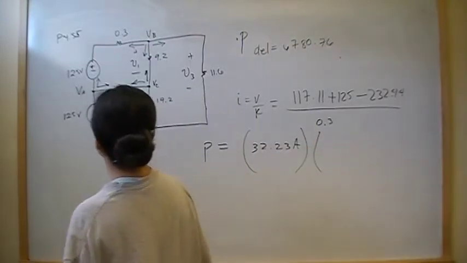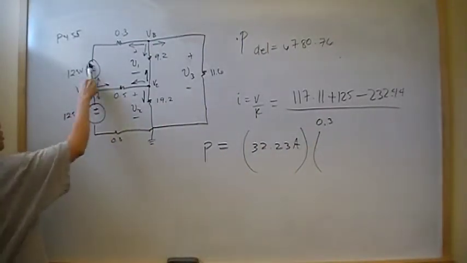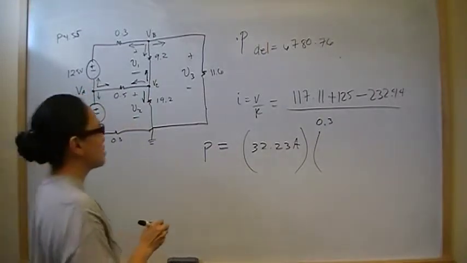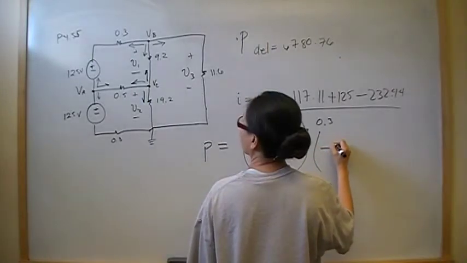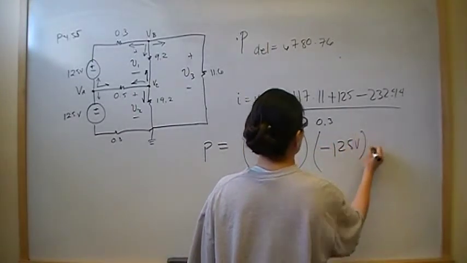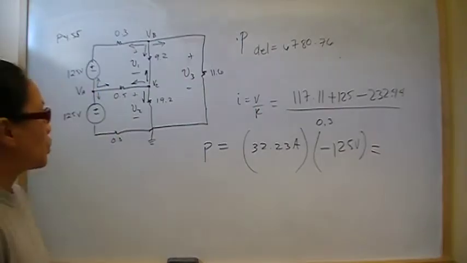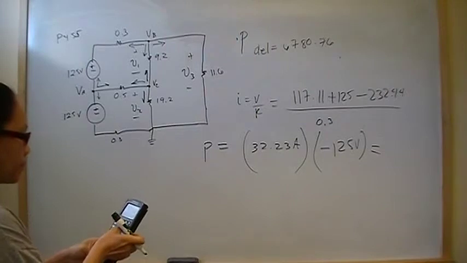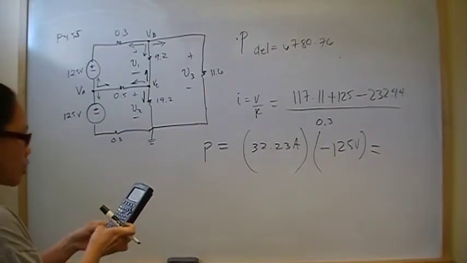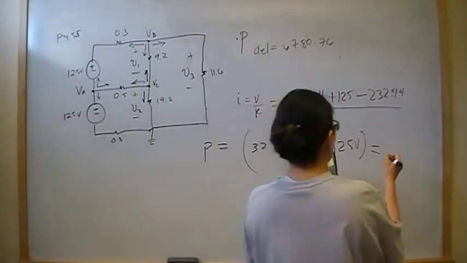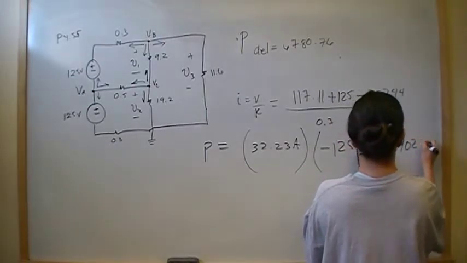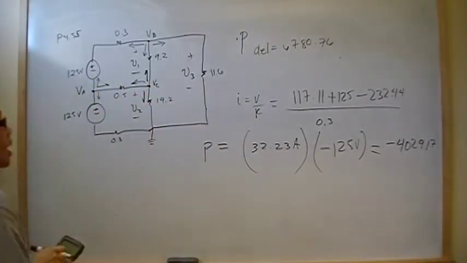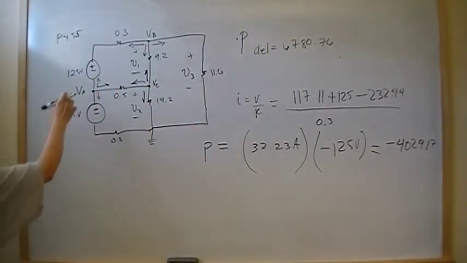The current is going through a voltage rise, so it enters the negative terminal. So that's going to be negative 125 volts. 32.23 times negative 125 gives me negative 4029.17. So that's the power generated by that voltage source.